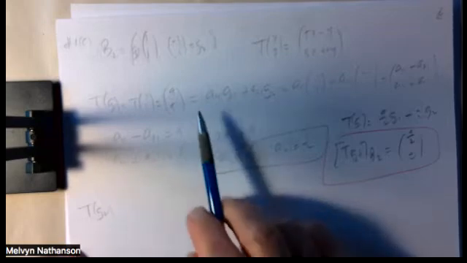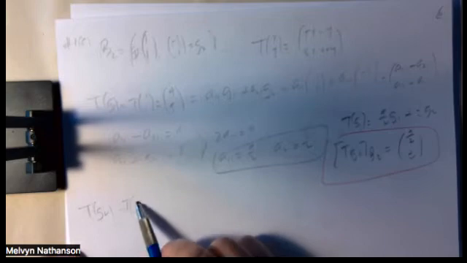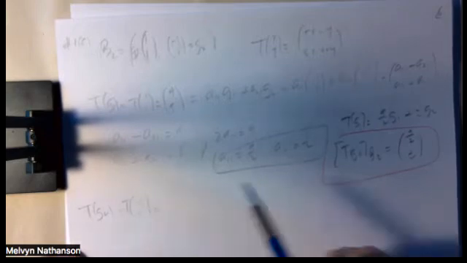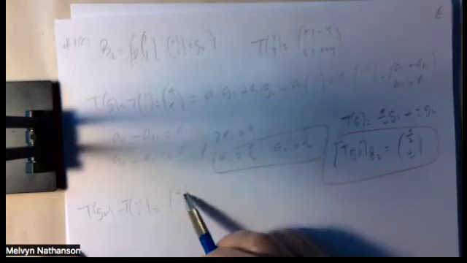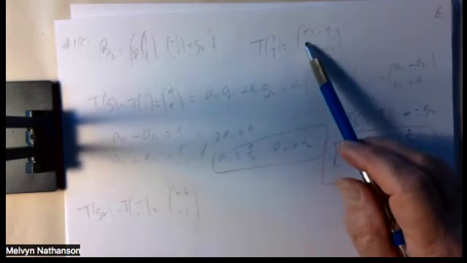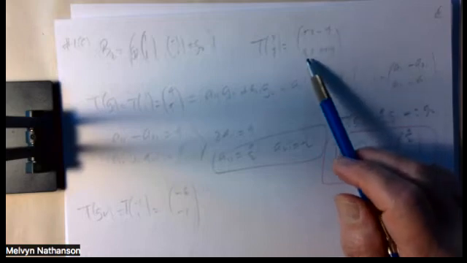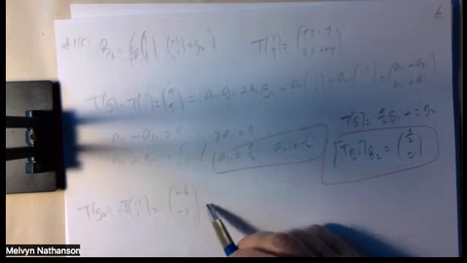What about T of the second basis vector, T of G2, which is T of the vector (-1, 1)? When x is -1 and y is 1, this is -6. When this is -1 and 1, this is -1. So I get (-6, -1).